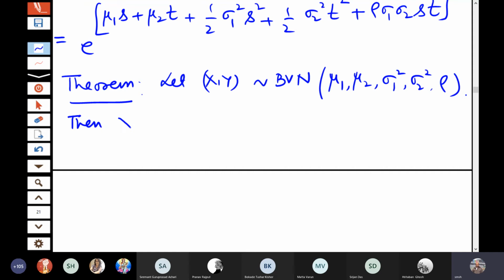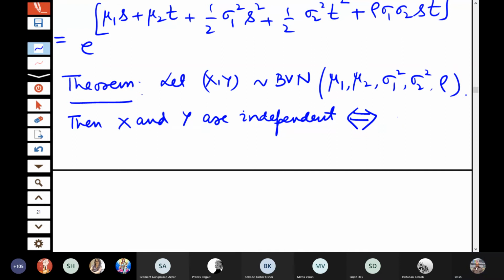Then x and y are independent if and only if rho is equal to 0. So if rho is 0, then x and y will be independent, and if x and y are independent, rho is 0 in the case of a bivariate normal distribution. For proving this result, you can actually make use of the joint MGF.